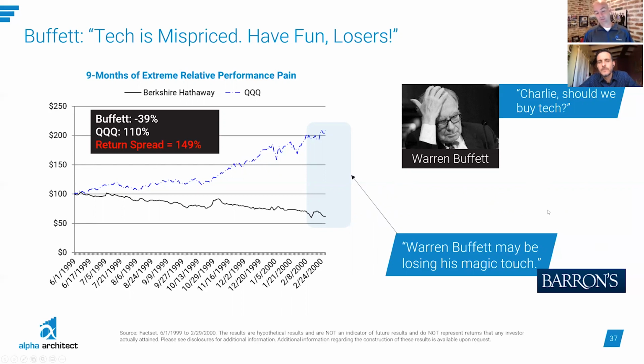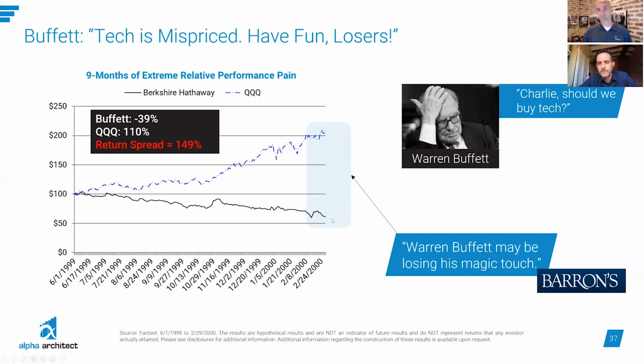Again, he went on to win over the next 10 years by leaps and bounds. But in this period, everyone thought he was a loser. And had he been managing other people's money, where people could have taken their money out of Berkshire Hathaway, almost certainly he would have lost his entire business, right?